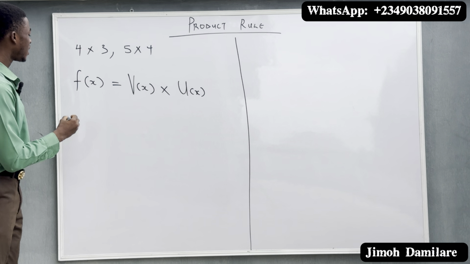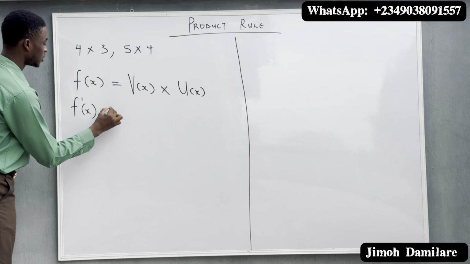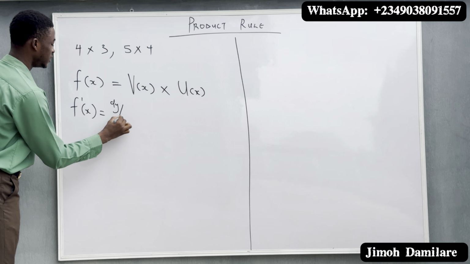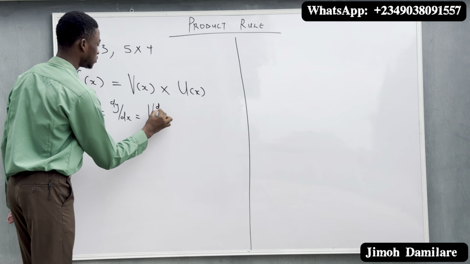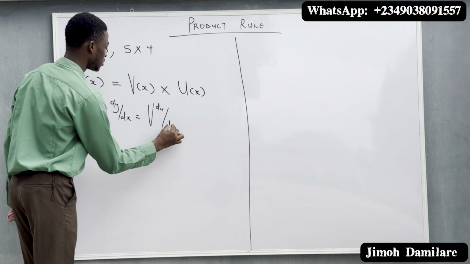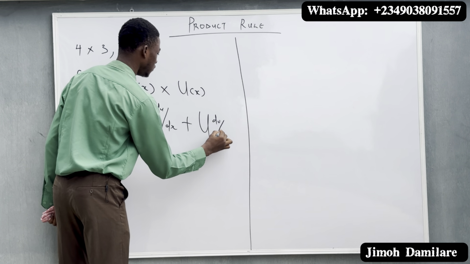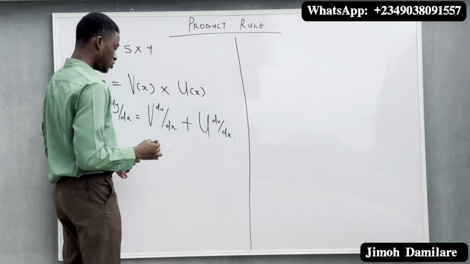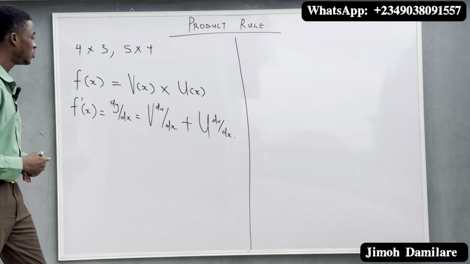So in this case, our f prime of x, which is also known as dy over dx, will be given as v du over dx plus u dv over dx. So this is given as our general formula for the product rule method.